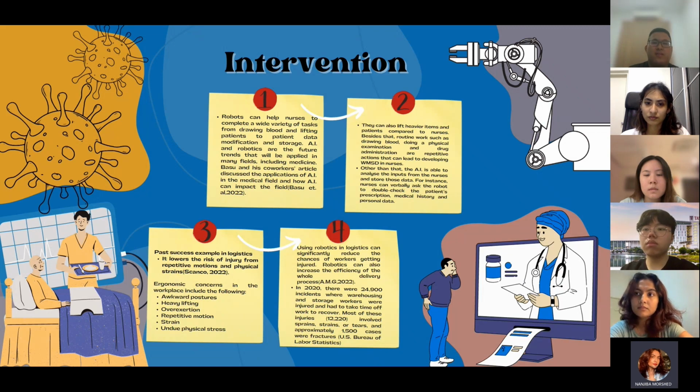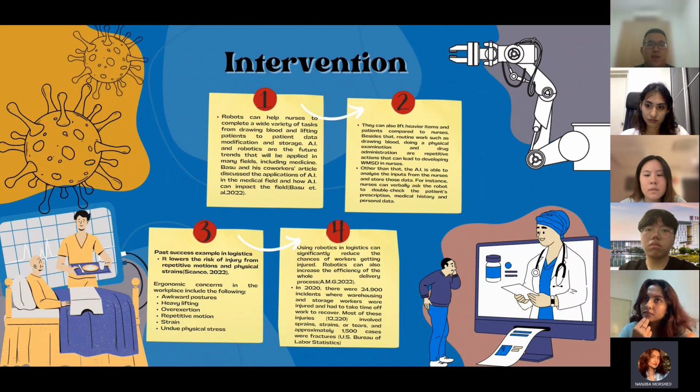Now let's go a little bit deeper. First is the proposed intervention. Robots can help nurses to complete a wide variety of tasks, from drawing blood and lifting patients to patients' data modification and storage. AI and robotics are the future trends that will be applied in many fields, including medicine. Basu and his co-workers' article discussed the application of AI in the medical field and how AI can impact the field.